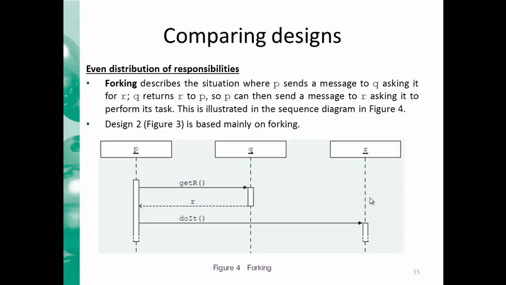So this is the forking method of doing it. P will ask for R, take the reference for object R, and then deal with it directly.